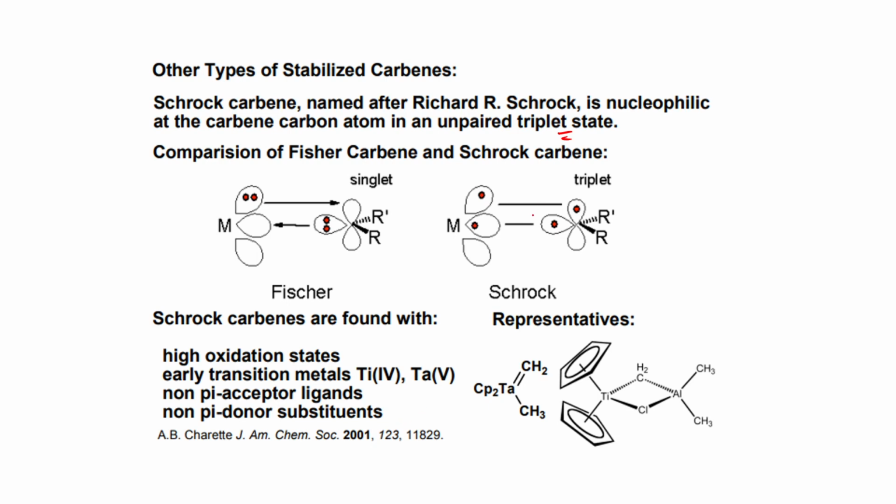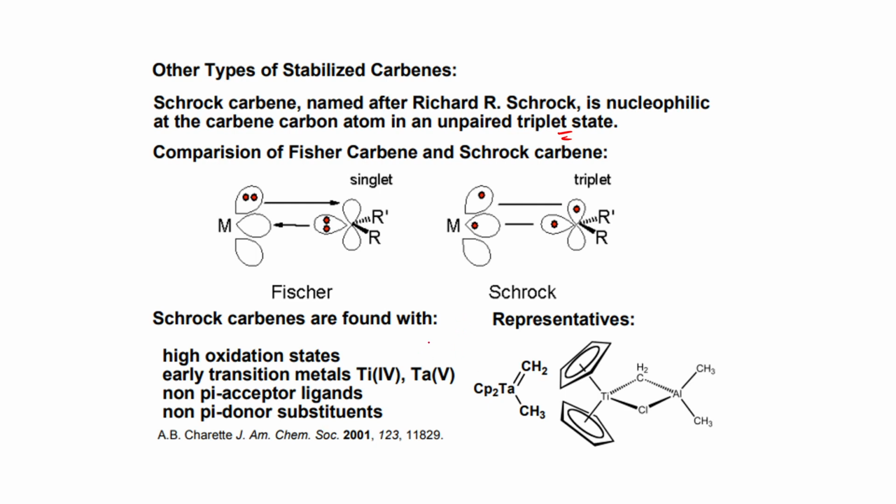But for Fischer carbene, there you can see that the ligands are pi acceptor, and pi donor property is there for Fischer carbene. But for Schrock carbene, normal CH3, this kind of units are there, with no such properties.